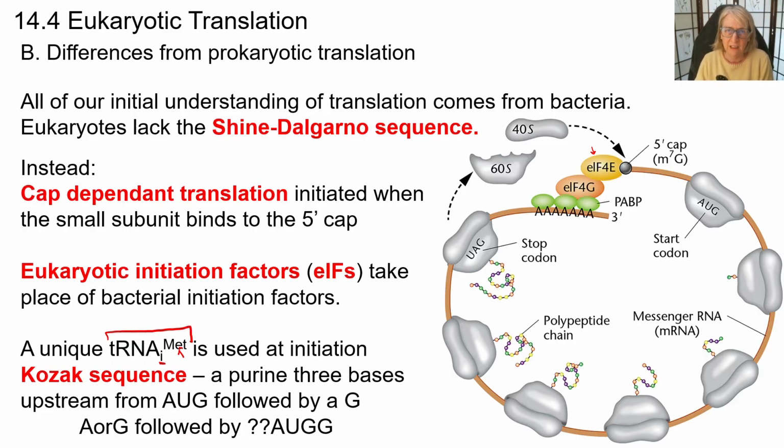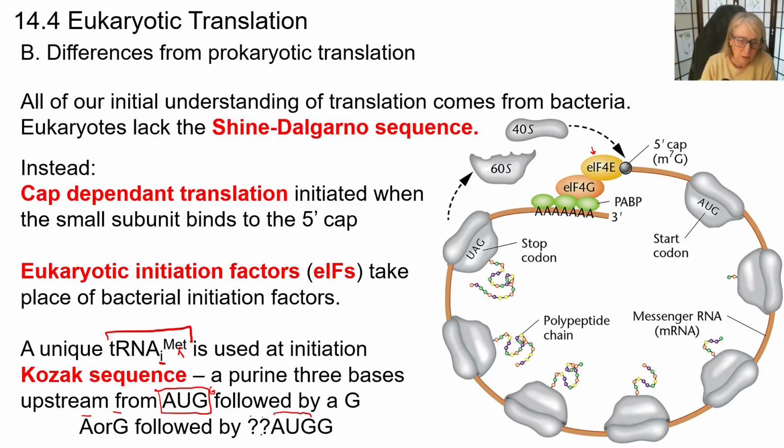I'm thinking the 1980s, if I remember correctly. This is a purine. It's 3 bases upstream from the start codon, and then that start codon is followed by a G. So I have an A or a G, an adenine or a guanine, a purine, and then there's, I don't know, whatever base, it doesn't matter, followed by an AUG, G. This is my start sequence.